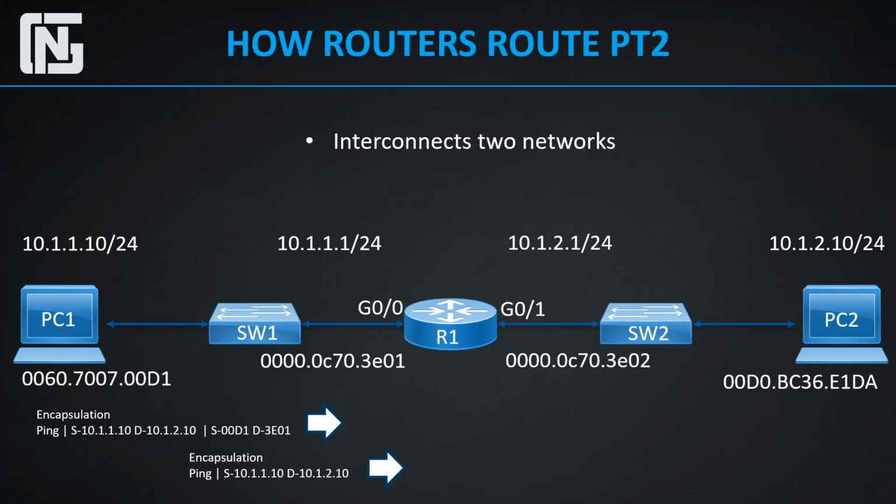So we change the layer 2 header to a source of 3E02, which is R1's Gig0/1 interface, and a destination MAC address of E1DA, which is PC2's MAC address. Notice that the source and destination layer 3 IP addresses do not change. They stay the same the entire time. Only the layer 2 header is ripped off and rewritten on a per-hop basis.